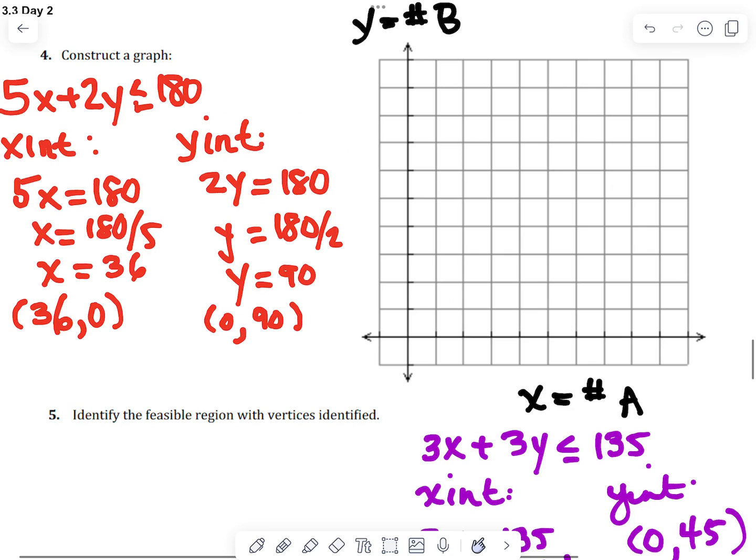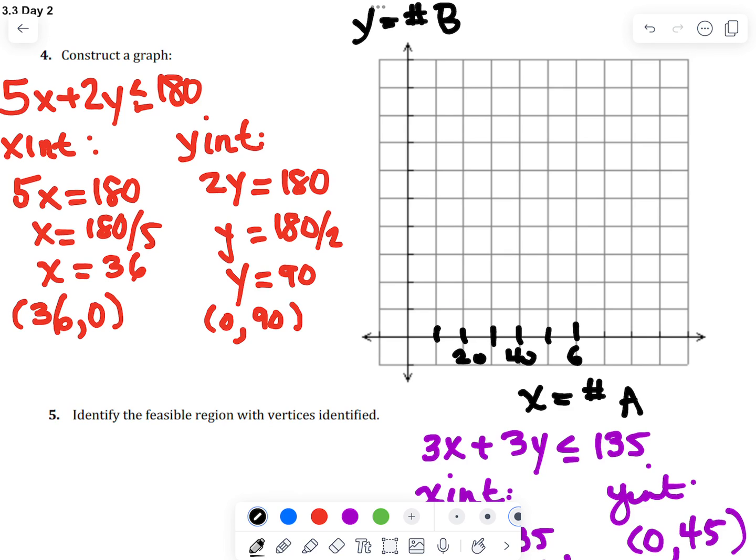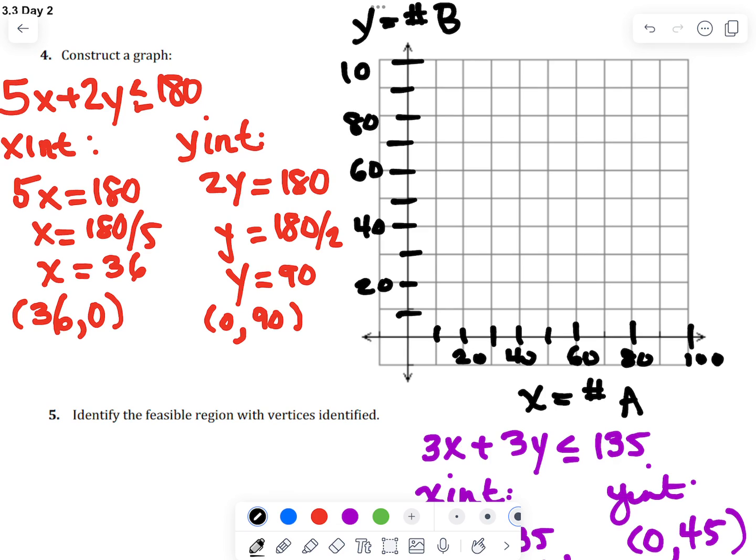So I'm going to make every one of these 10 units. So this would be 20, 40, 60, 80, 100. And then same thing in the vertical axes, 60, 80, 100.